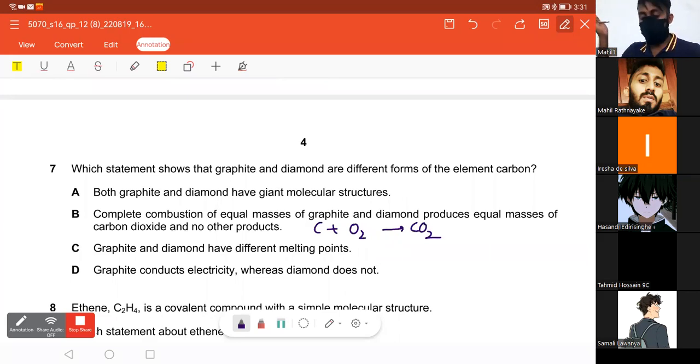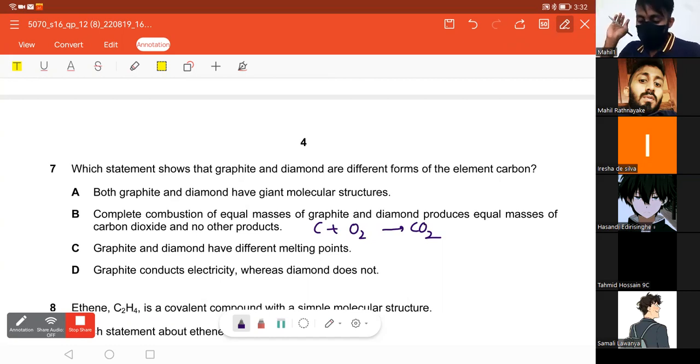C, then D? No, it does not show that. If they ask, C is also no. They are different forms of the same element carbon. Graphite and diamond are both carbon, formed by carbon.